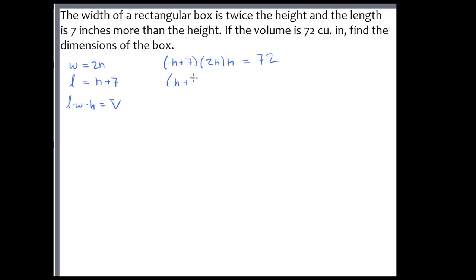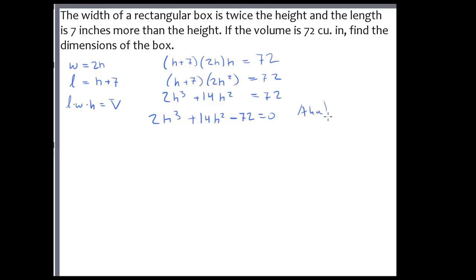Wait a minute, h plus 7 times 2h squared is equal to 72, so 2h cubed plus 14h squared is 72. 2h cubed plus 14h squared minus 72 is equal to 0. Aha! We already showed that 2 is a solution. Right?